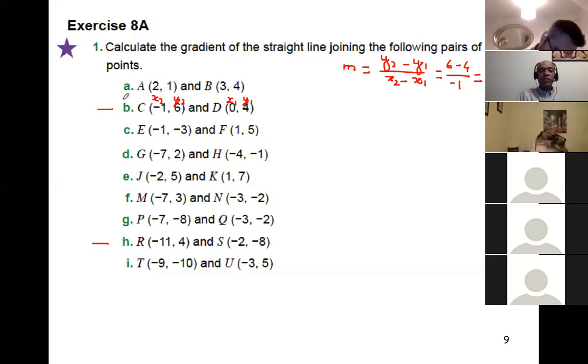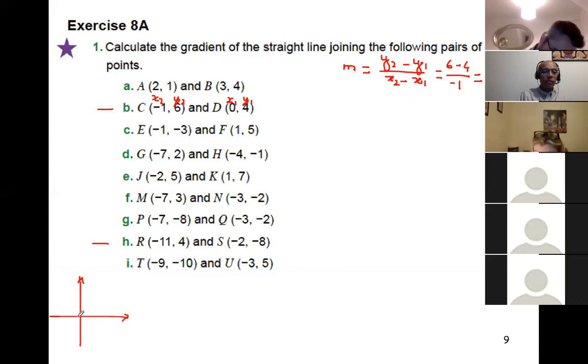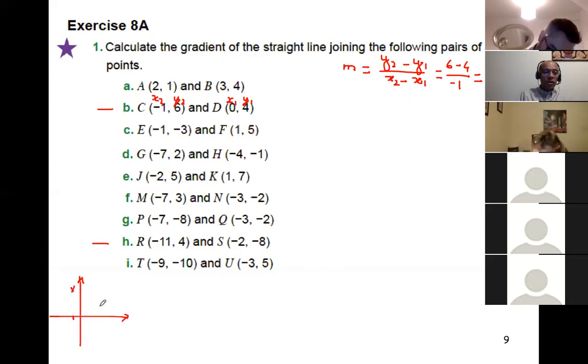And if you've got some time, whenever you ask a question like this, what you could do is get yourself your ruler out, do -1, 6, 1, 2, 3, 4, 5, 6, that's about here. 0 on X, 4 on Y, which is about here.